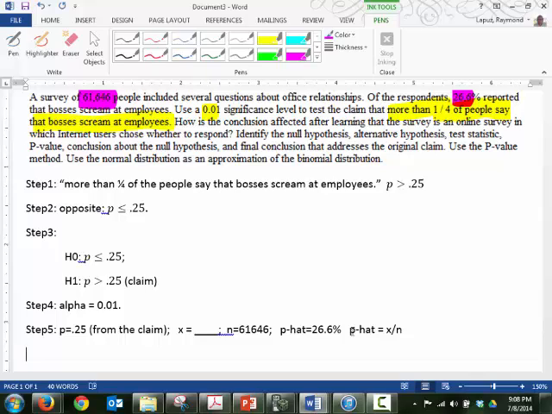X is equal to what? X then is going to equal p hat times n. So let's take our calculators out and put p hat times n and tell me what it is.